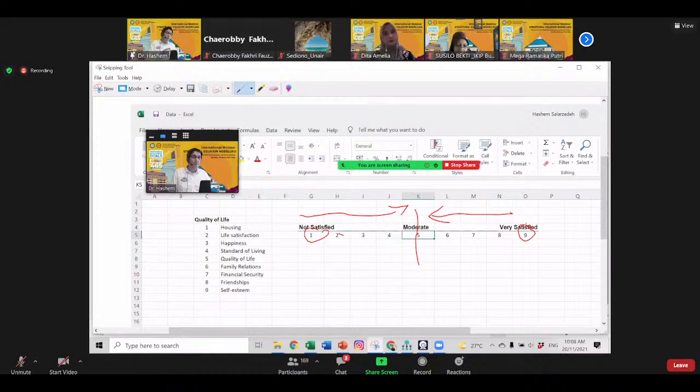But if you have more variety, from not satisfied to very satisfied, totally disagree to totally agree, and you put more numbers between them, the probability of your data becoming normal will be high.